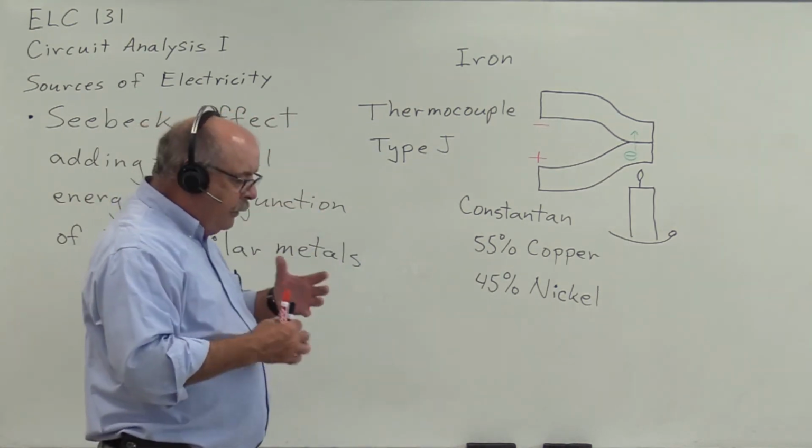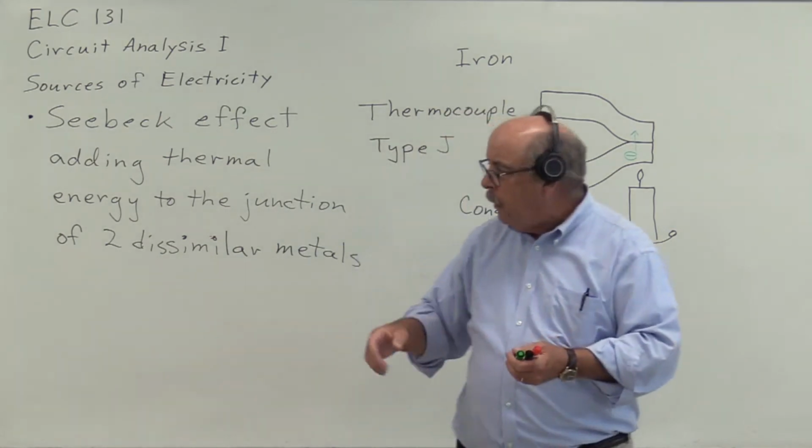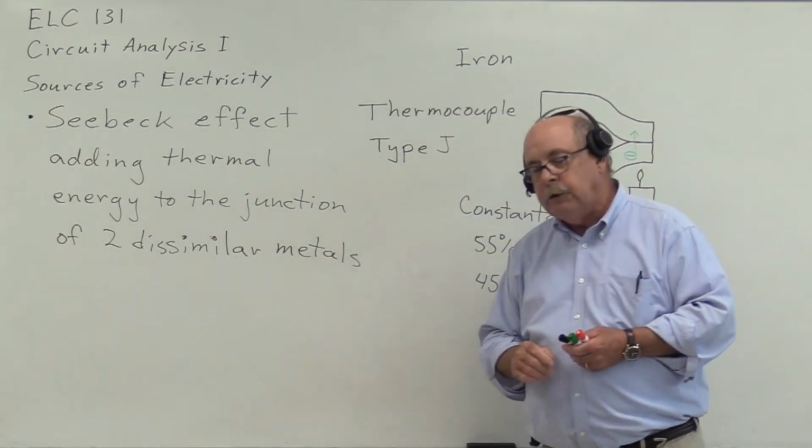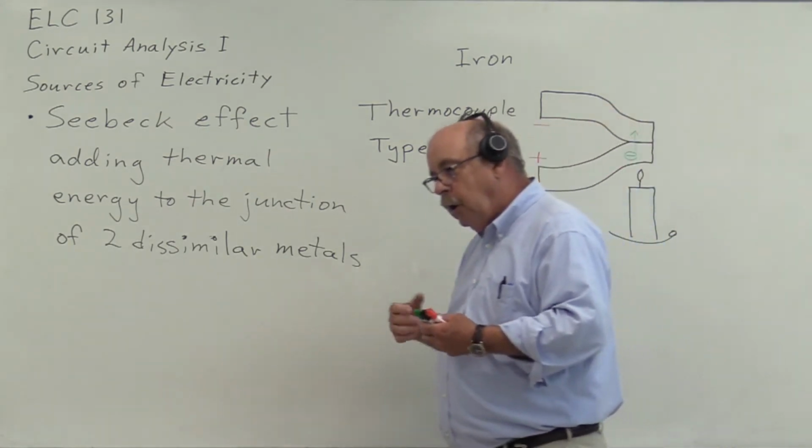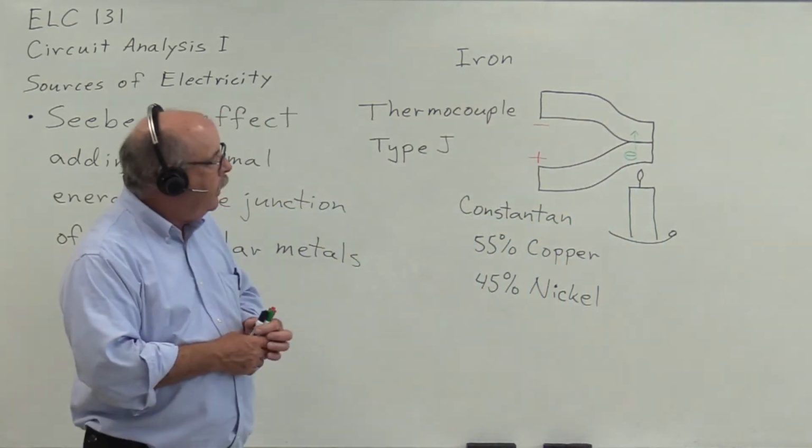Now, the Seebeck effect, again, is when we apply thermal energy to the junction of these two dissimilar metals, and it causes or creates a charge differential across the two metals.